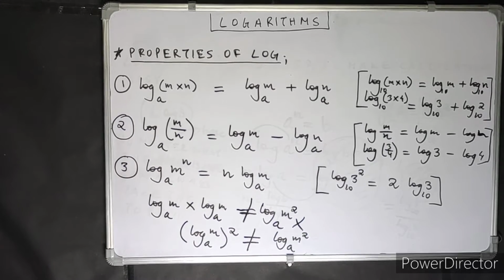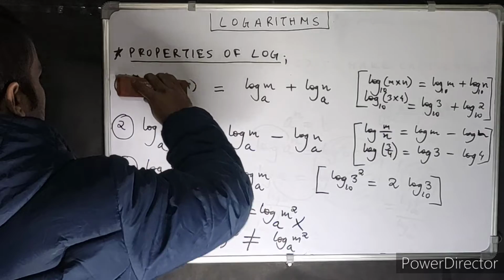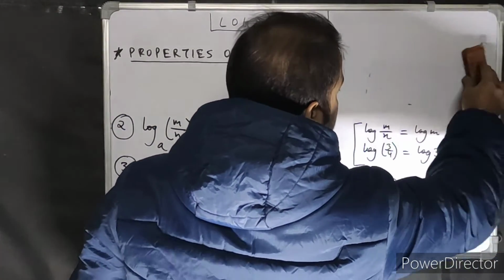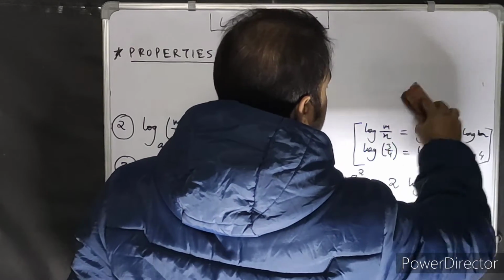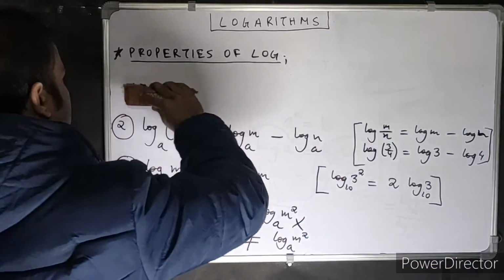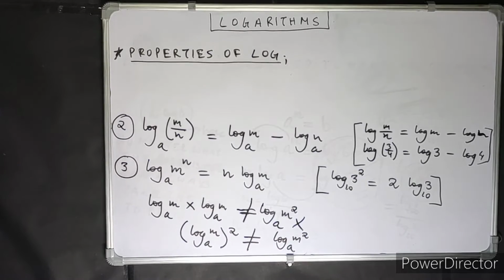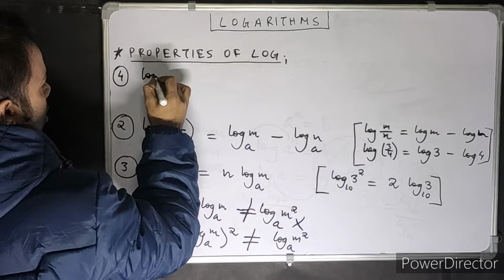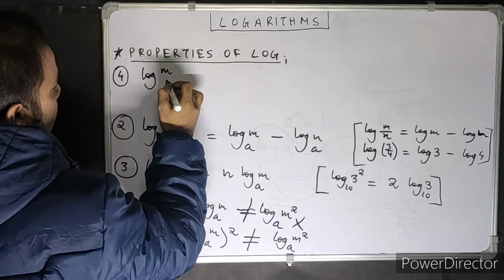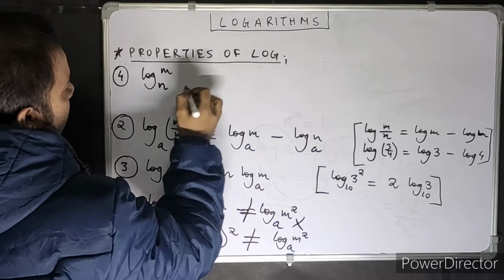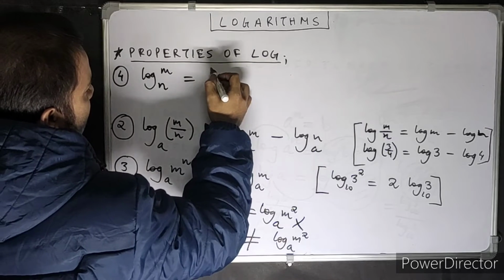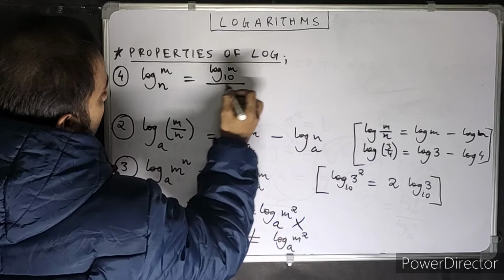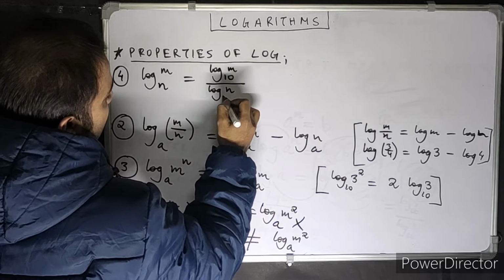Let's go on to the fourth one. Fourth law. And that is, say, log m base n can be written as log m base 10 divided by log n base 10.